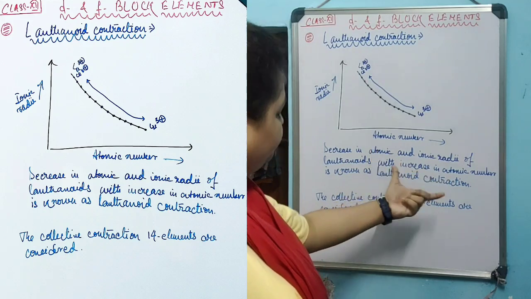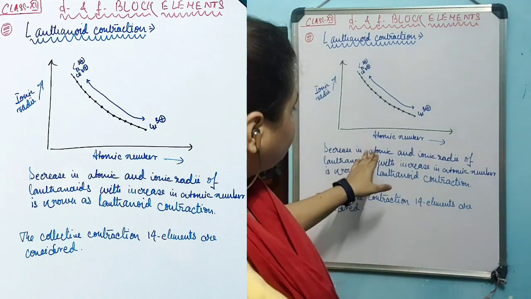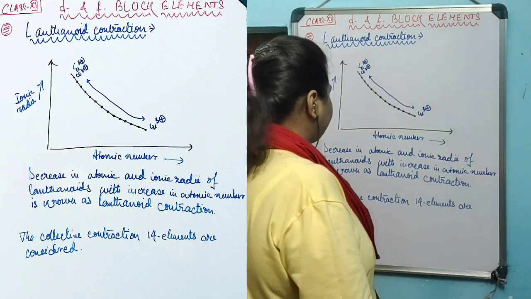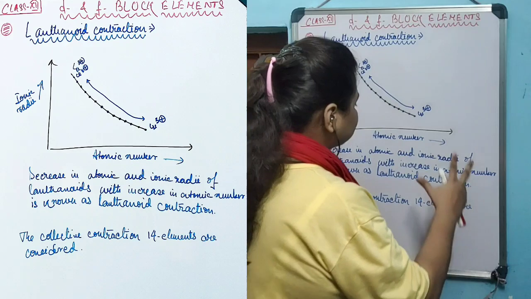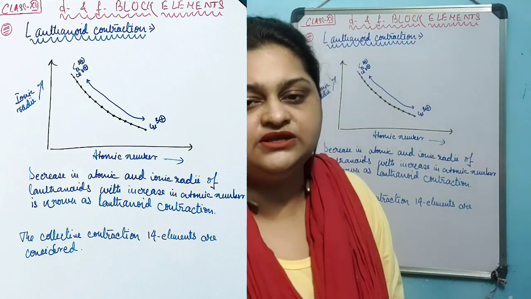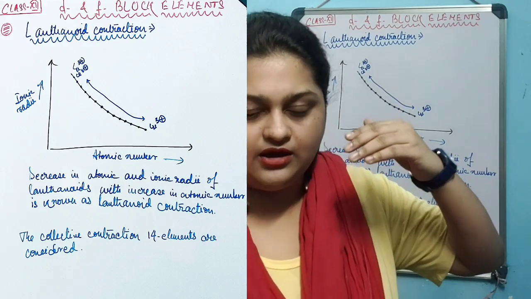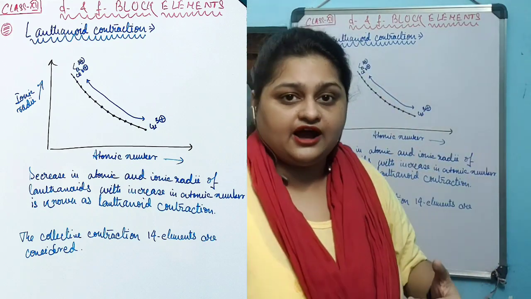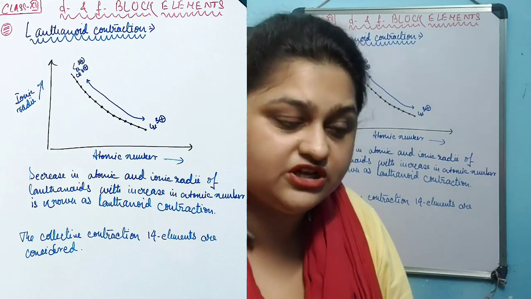Now this phenomenon is known as the lanthanoid contraction, where a decrease in the atomic and ionic radii of lanthanoids with increase in atomic number is shown, and this collective decrease of 14 elements has an effect on the atomic and ionic radii of other elements after the lanthanoids as well.